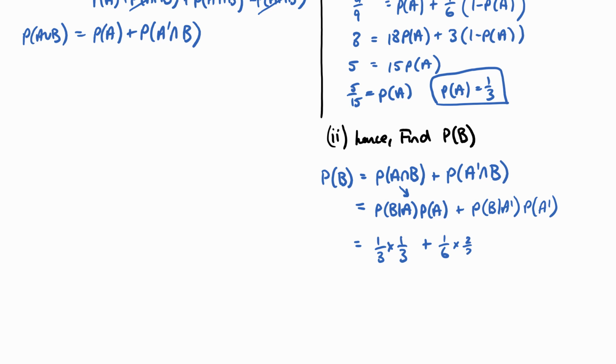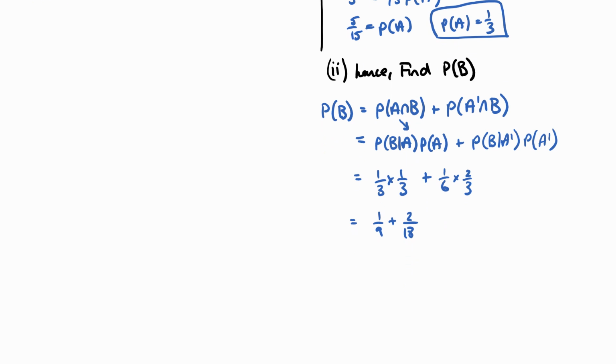This will be 1 on 9 plus 2 on 18, and this can be written as 1 on 9 plus 1 on 9, which is just 2 on 9. Okay, bit of a long question, but we found the answer.